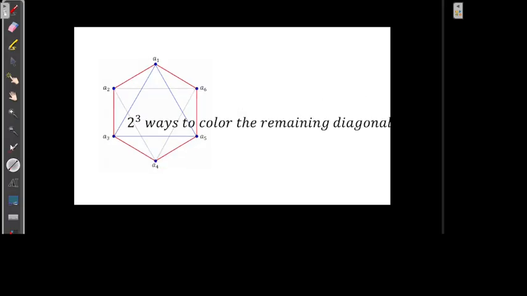And then we choose the case of both blue triangles, A1, A3, A5 and A2, A4, A6. If we choose both triangles, then the number of diagonals remaining is only 3, because each triangle occupies 3 diagonals. So there are 2 power 3 ways to color the remaining diagonals.